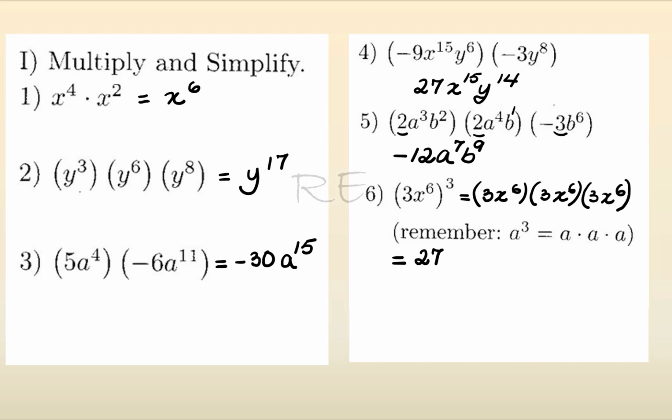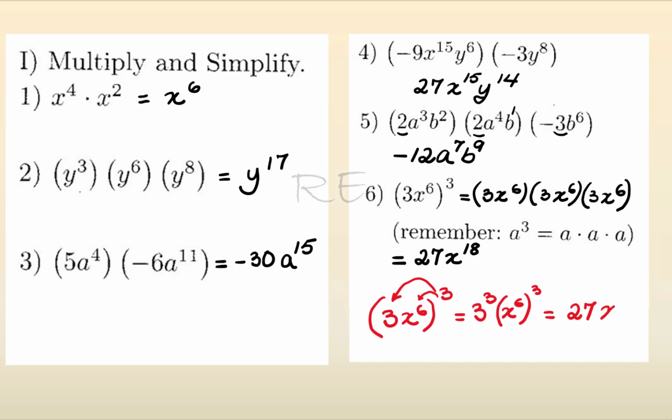And x to the 6 times x to the 6 times x to the 6. 6 plus 6, 12 plus 6, 18. X to the 18th. Now, the power over power, a formula that you'll learn later on, you distribute the power to 3 cubed, and then you distribute the third power to x to the 6 cubed. Now 3 cubed is 27, x to the 6 cubed, 3 times 6, 18.